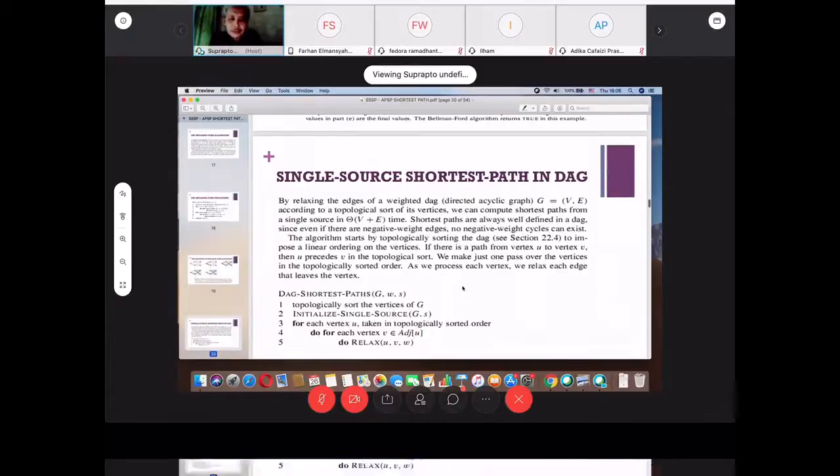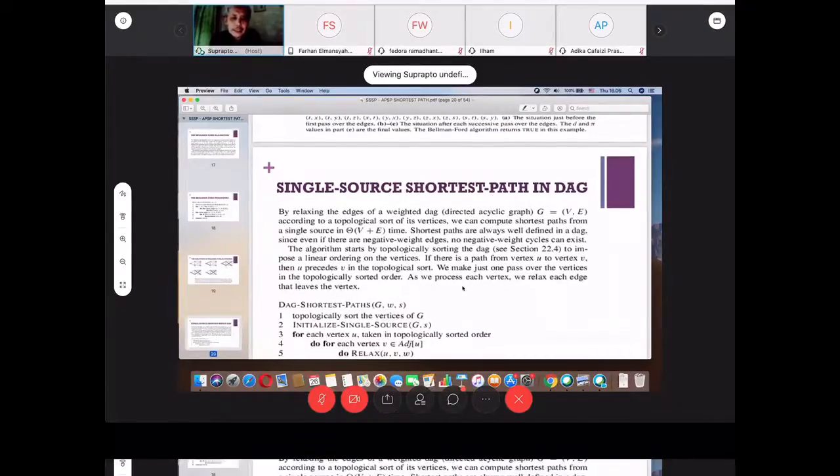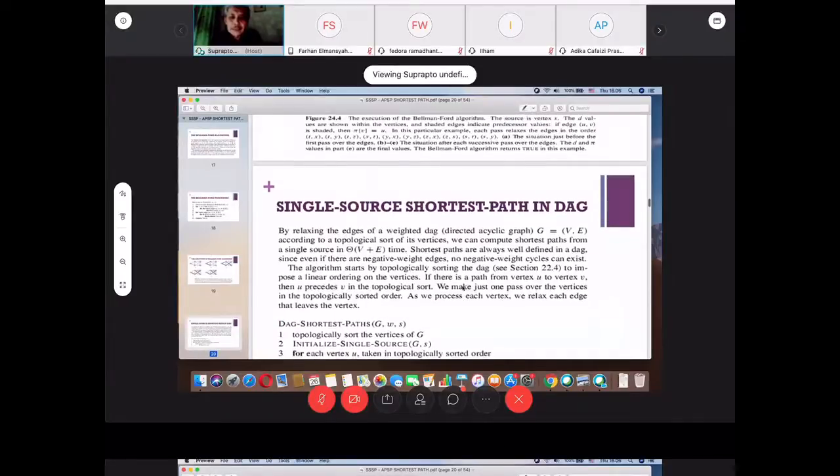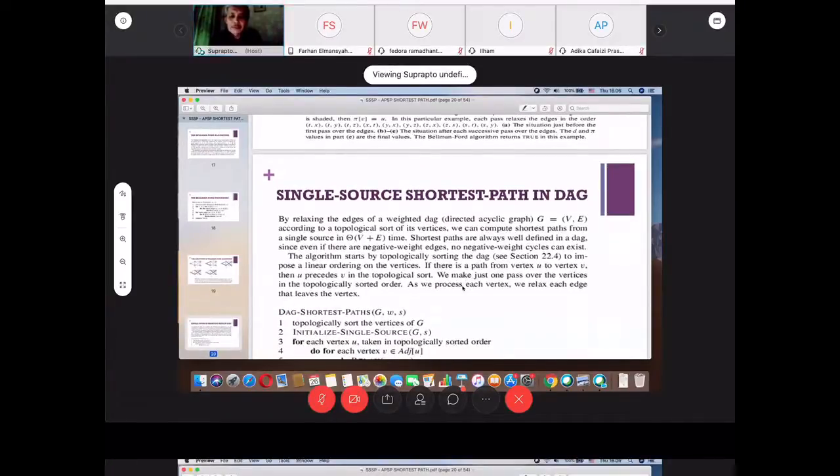Let's continue to directed acyclic graph shortest path. The difference is only in the input, right? The input is the DAG, directed acyclic graph. Remember, a graph that does not have a cycle. How can we determine the shortest path for this kind of graph?